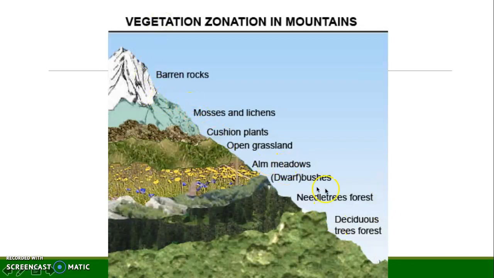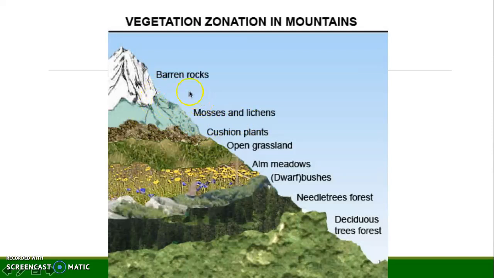So generally speaking, our bigger trees will exist toward the bottom of the mountain if you're talking about a very tall mountain. And then toward the top, we're just going to have smaller organisms, resembling more closely something like the tundra. And here it says moss and lichens.